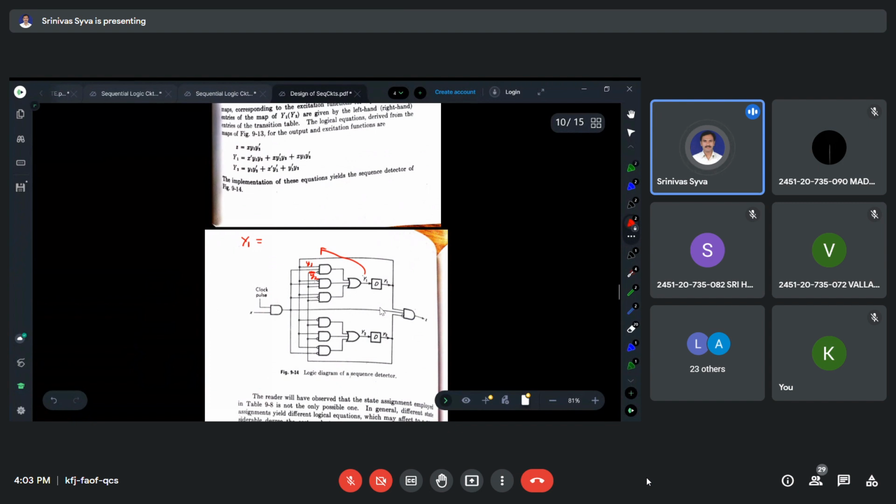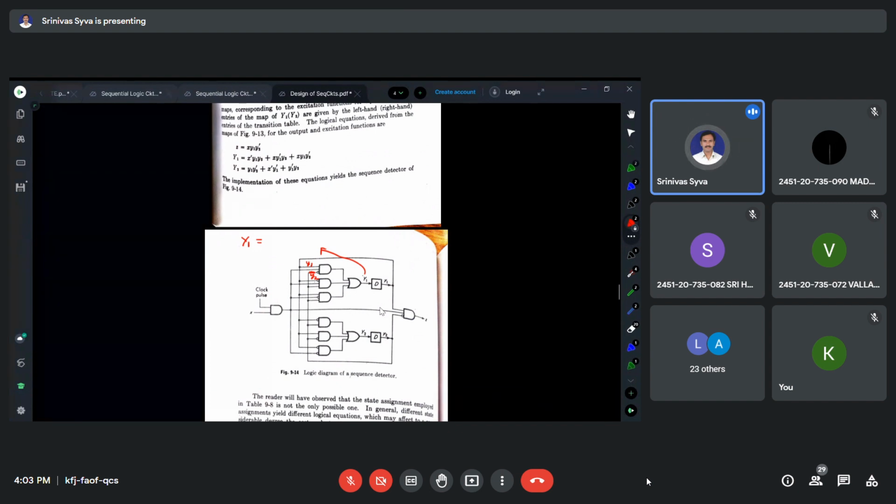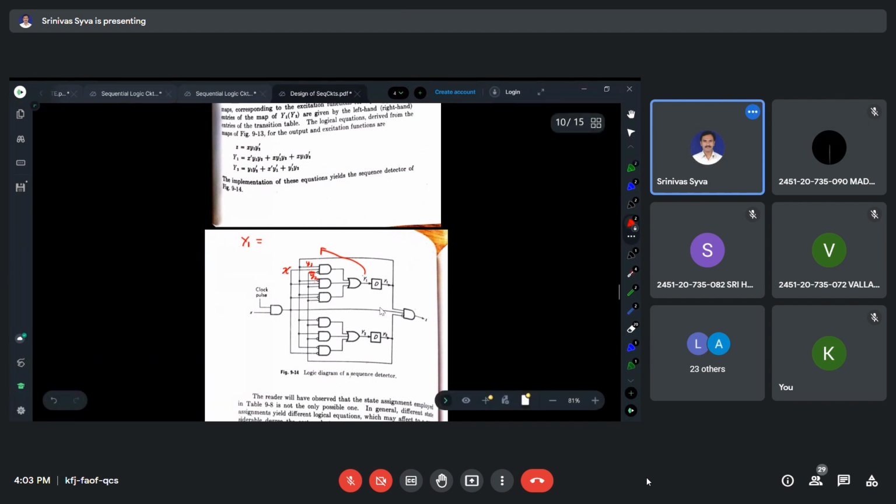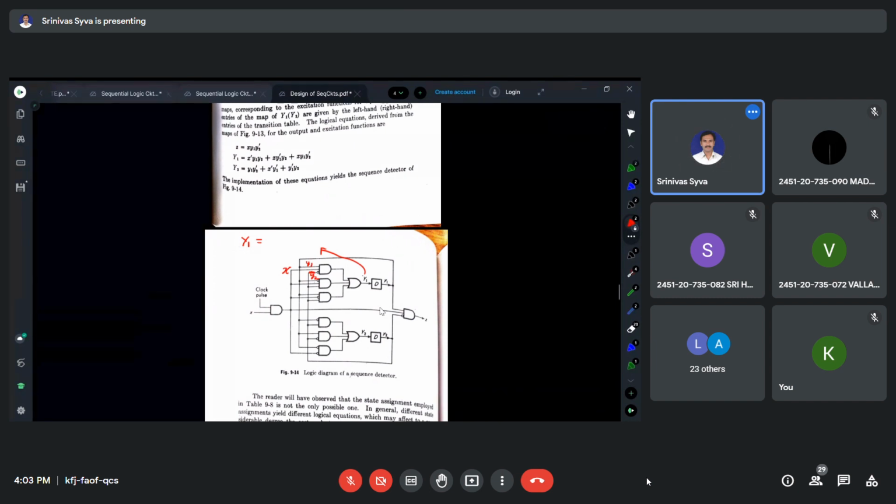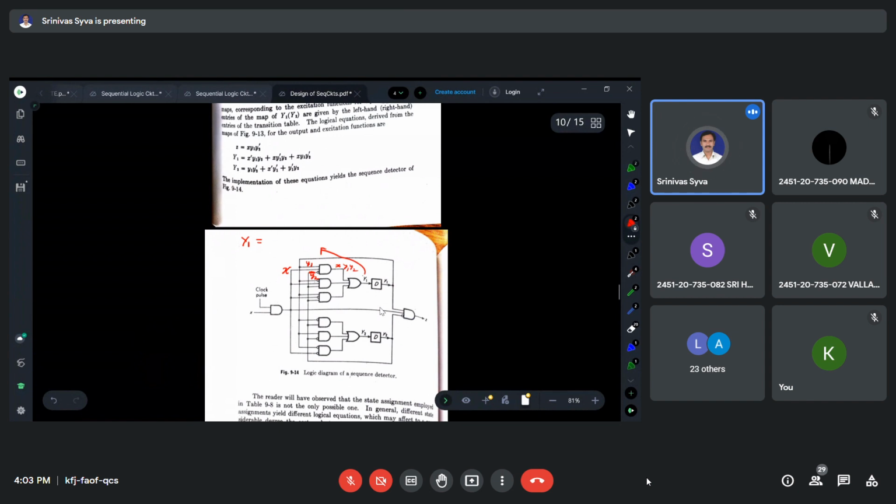Bubble is there, y2 bar. And here this is x. So this is x, y1, y2 bar, like that, okay.